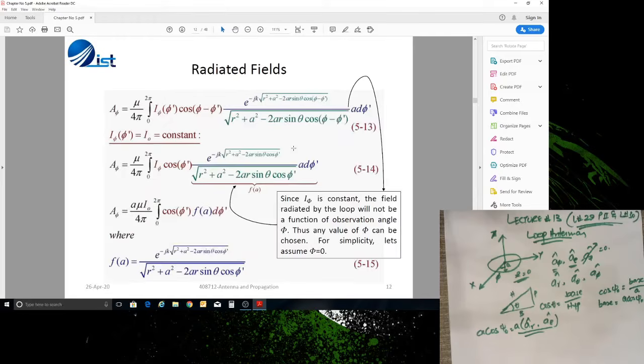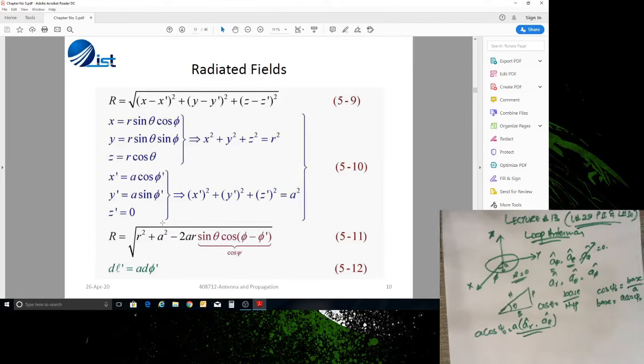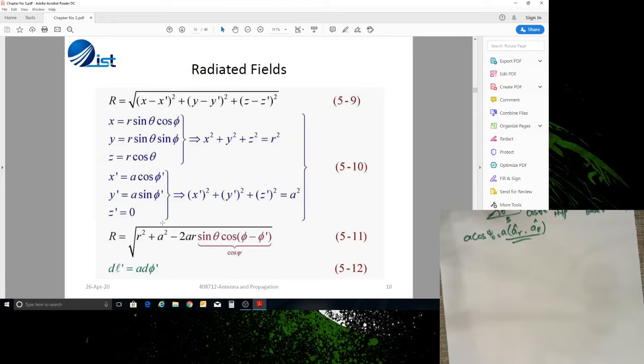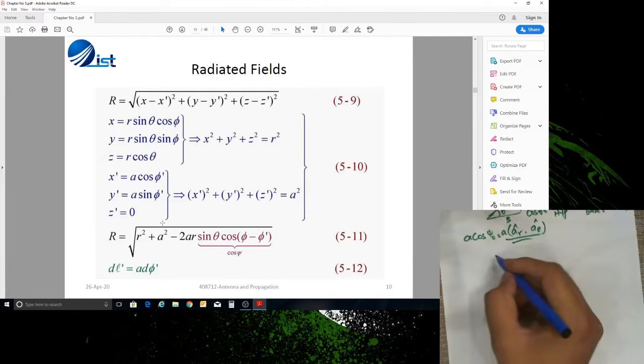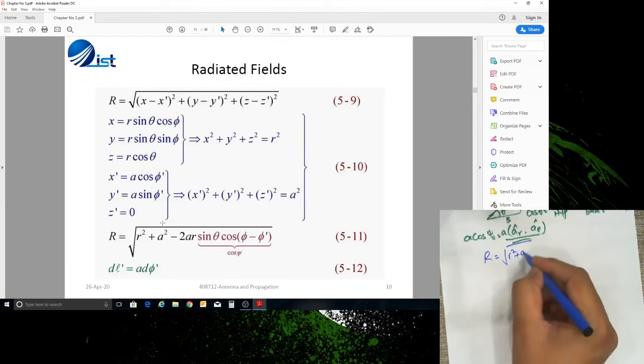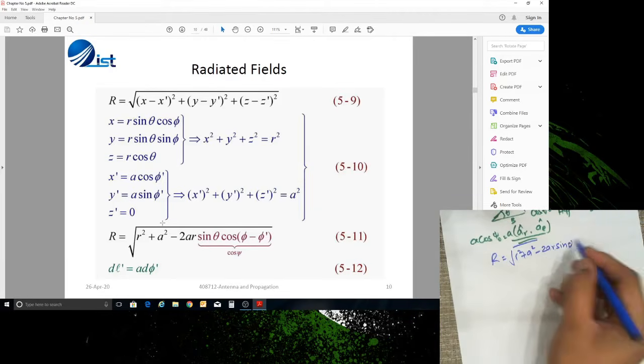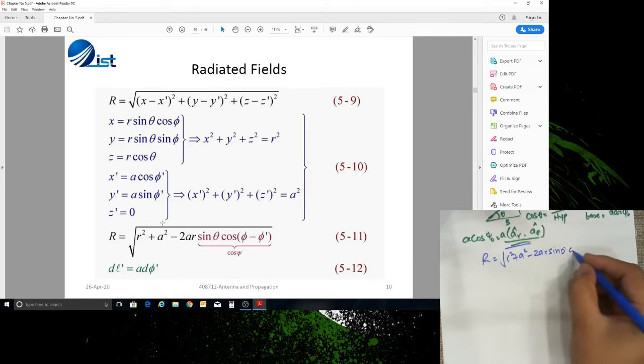If I just go back to give you a slight idea, this is the expression that we saw last time. So basically we said that capital R is r square plus a square minus 2ar sin theta cos of phi minus phi prime. So we've already seen this expression.